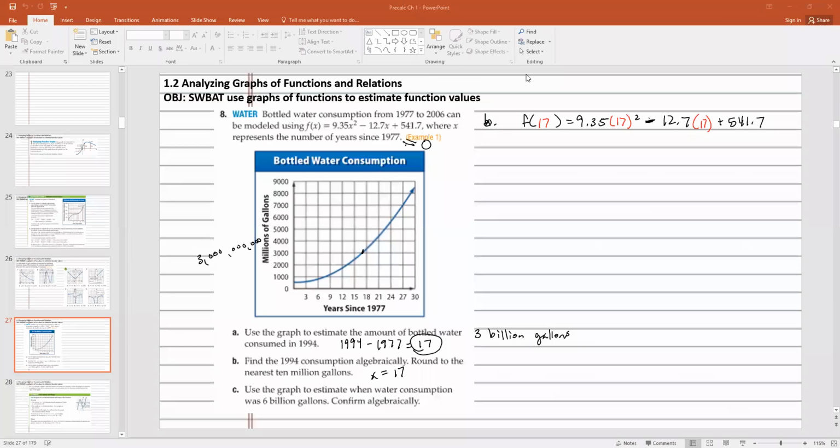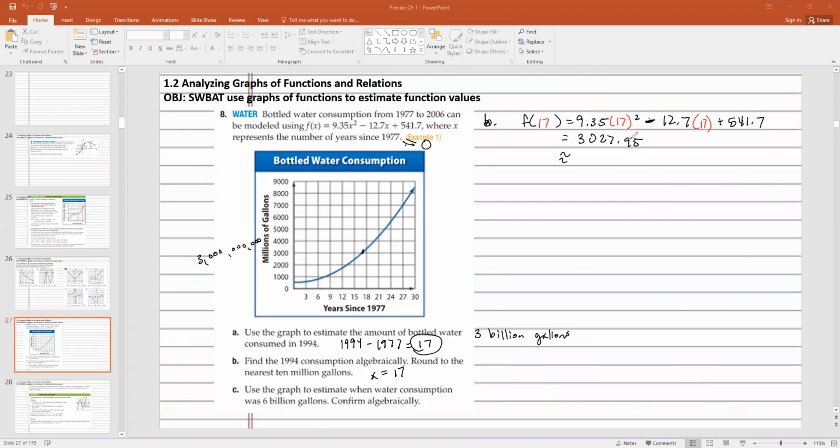So if you plug that into your calculator, make sure to keep in mind those parentheses. You should get, and we're going to put the approximate symbol, 2027.95.